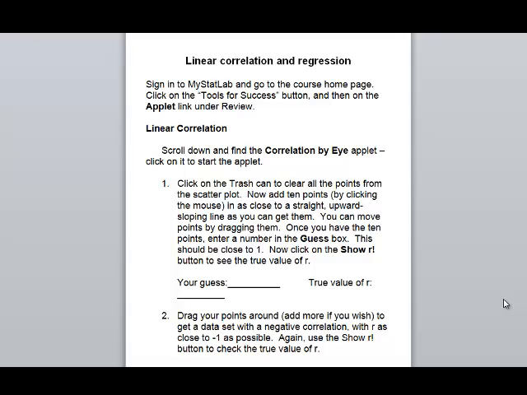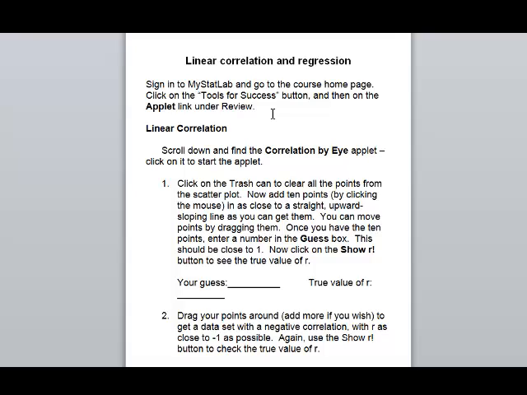Here's the activity that we would have done in class today, and you should be able to do this at home or on a computer, wherever. You just have to get into My Math Lab. So if you sign into your MyStatLab, go to the course homepage, click on Tools for Success on the left side of the page, and then under the thing that says Review, there's a link for applets.